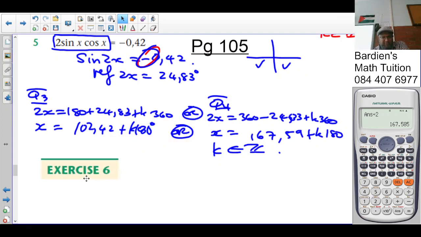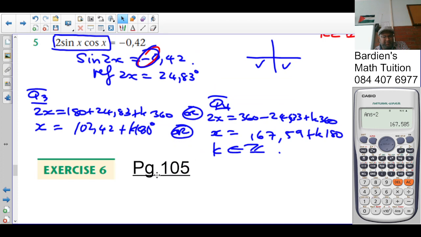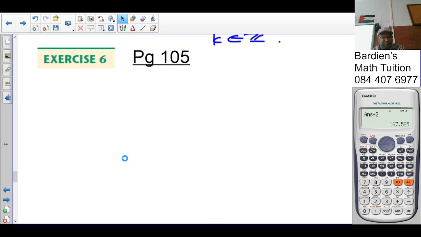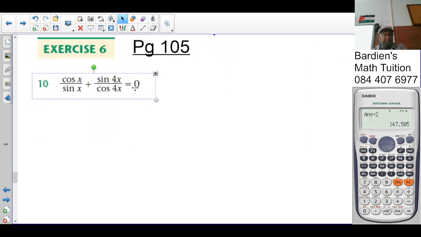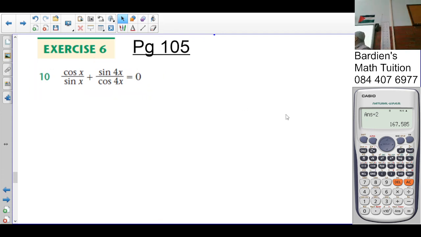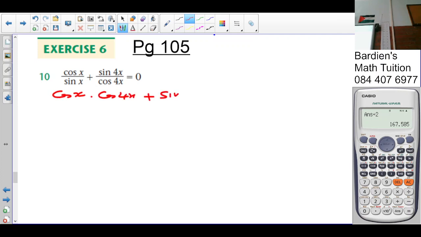Let's look at number 10. What's your LCM here? Sin x cos 4x, not so? So it's going to become cos x times cos 4x plus sin x times sin 4x equals 0.